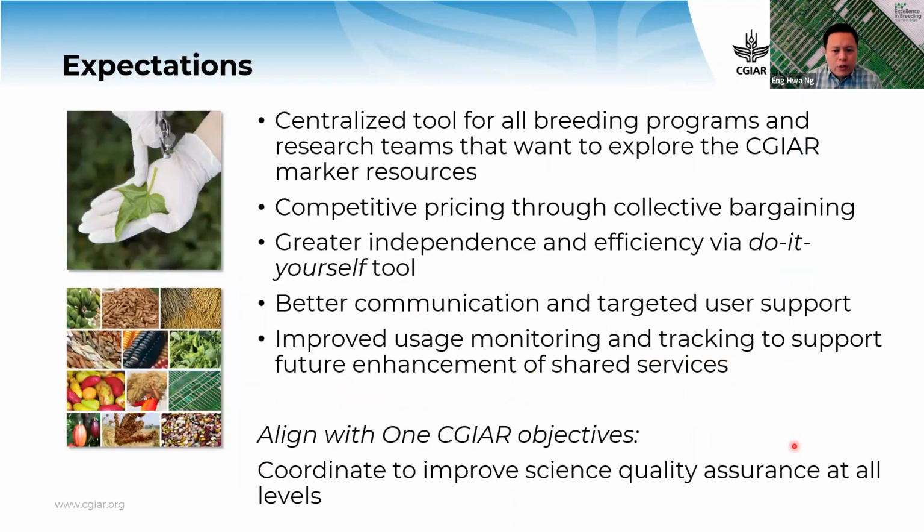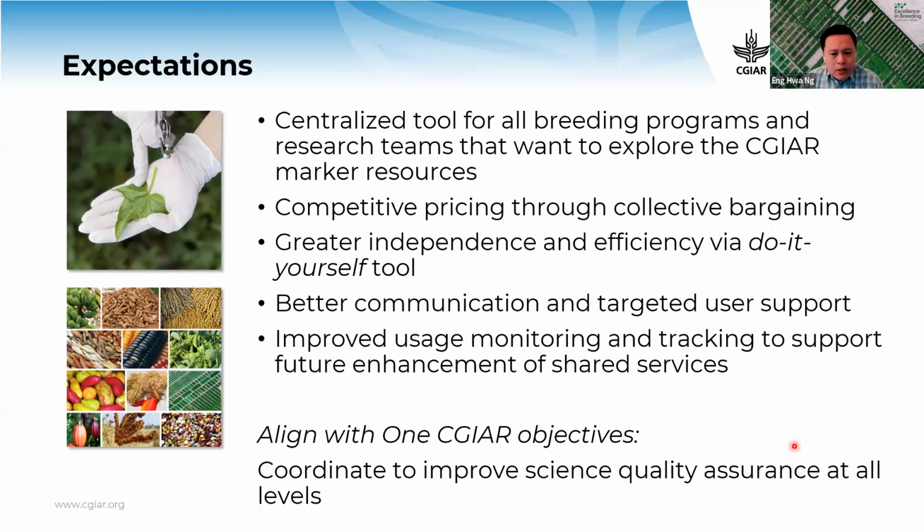Now, the expectations for CGIAR shared services: collective bargaining is always our key strength in keeping the prices low, so that the benefit is passed on to a wider audience or user base.